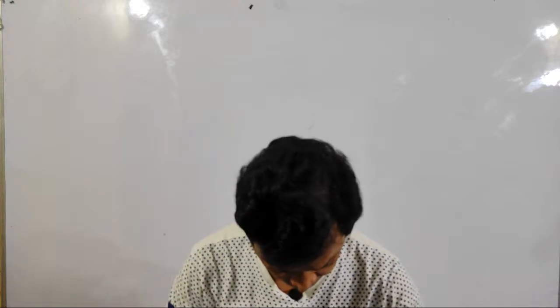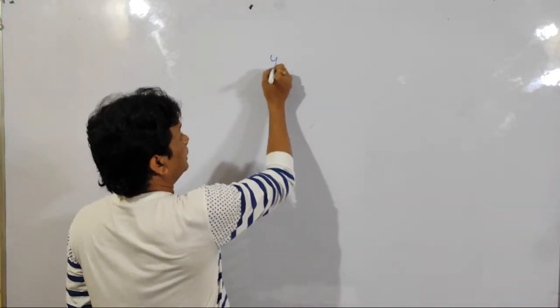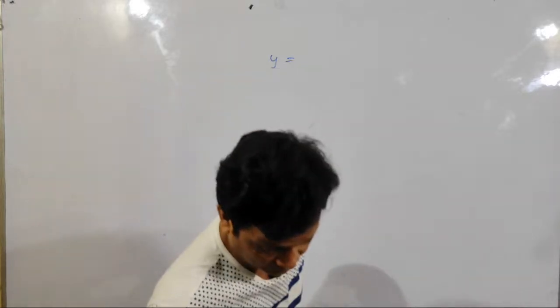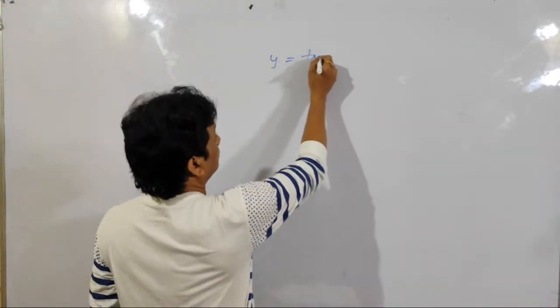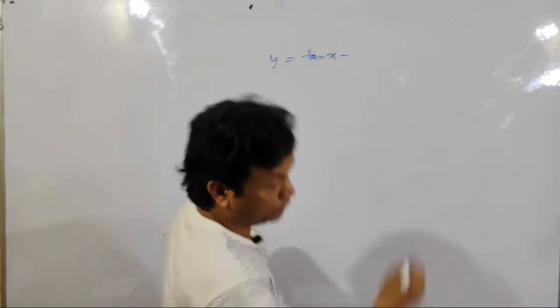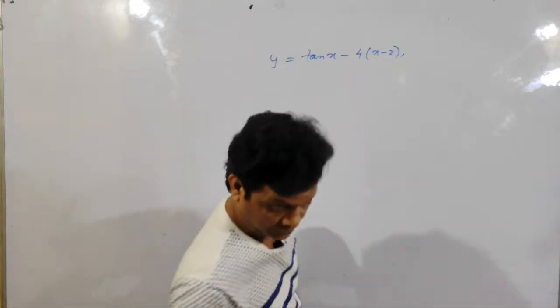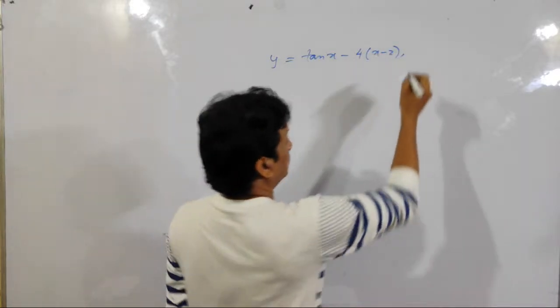Suman Raut is saying that for increasing and decreasing, one doubt is there. Tan x minus 4 into x minus 2, and the interval minus 5/2 to plus 5/2.